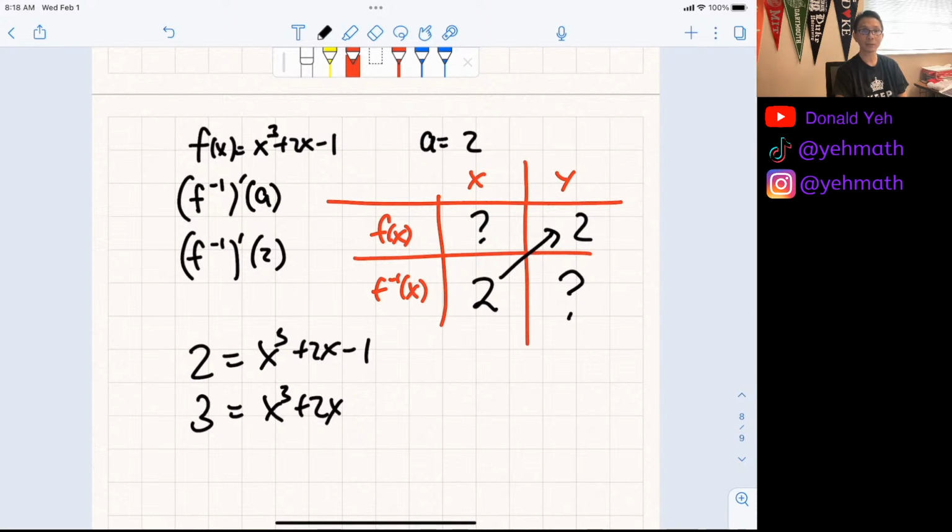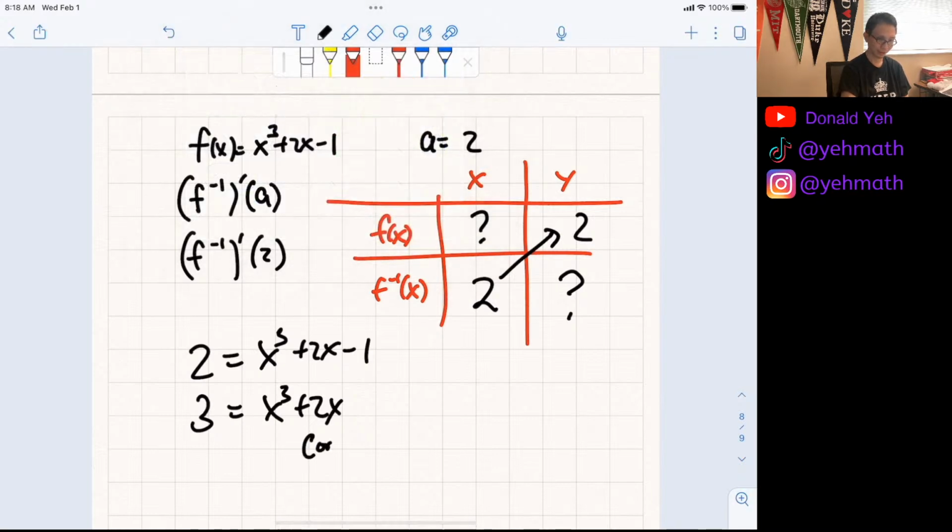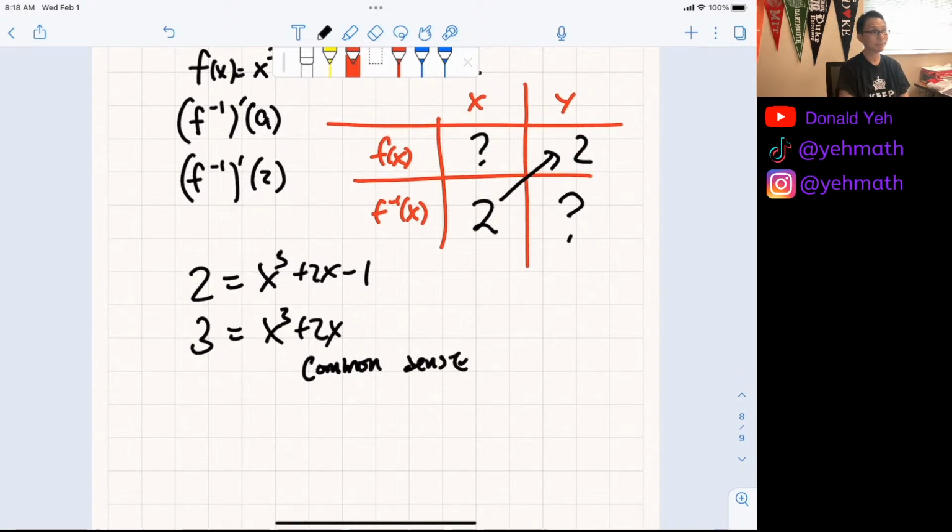Yes, x equals 1, but I need the factor. It's common sense.